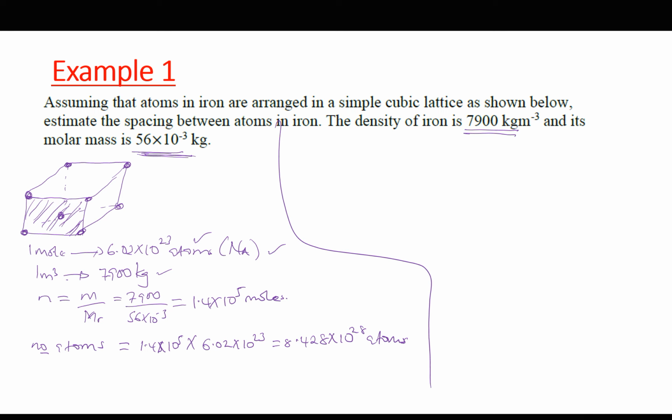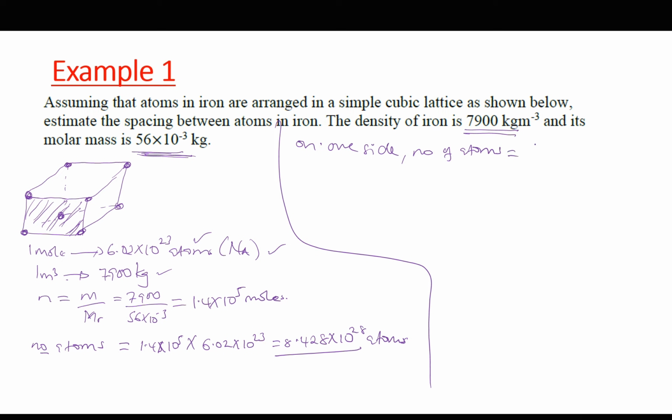On one side of the cube, I am most likely going to have the cube root of this as the number of atoms, because all these atoms are arranged in a 3-dimensional cube. Now, if I want only one side of the cube, then I'm going to get the cube root of this value.